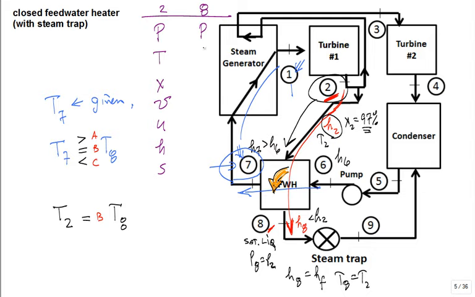So the pressure at 8, the temperature at 8, the quality at 8, the specific volume at 8, the internal energy at 8, the enthalpy at 8, and the entropy at 8. All of these at 2 versus 8. True? I've kind of done it piecemeal, but let's do this now.